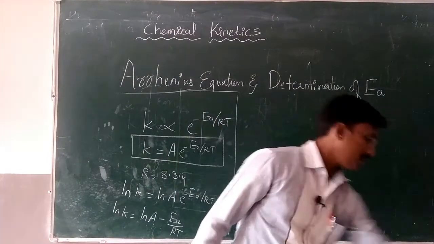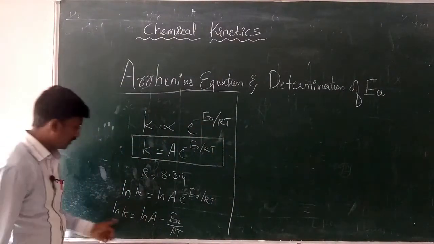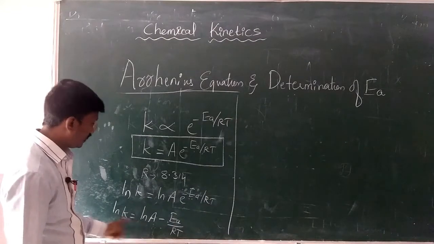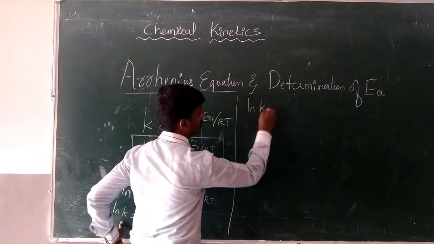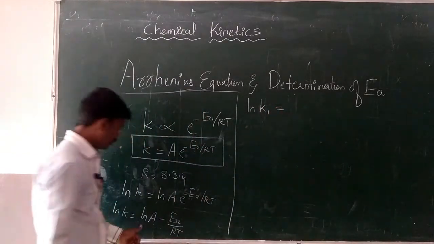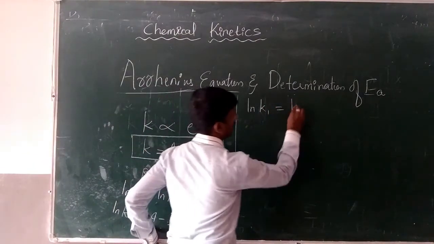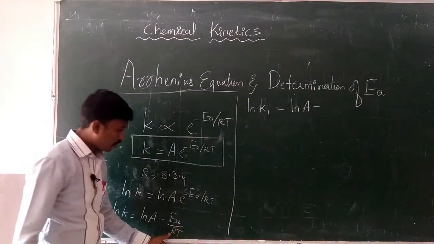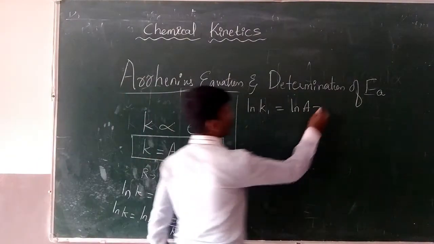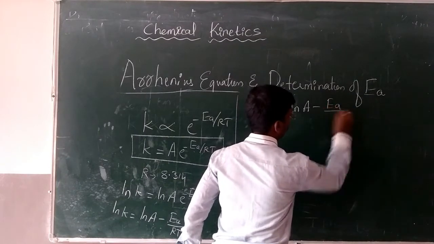Similarly, look here, to this equation, when the initial temperature is T1, ln k1 is equal to ln A minus Ea upon R T1.